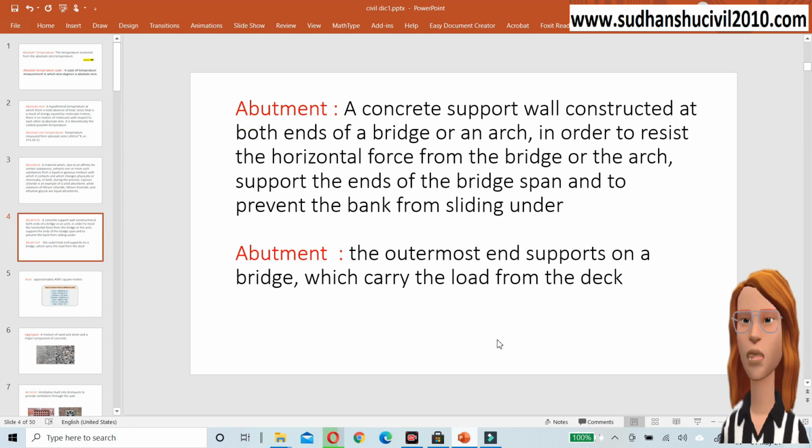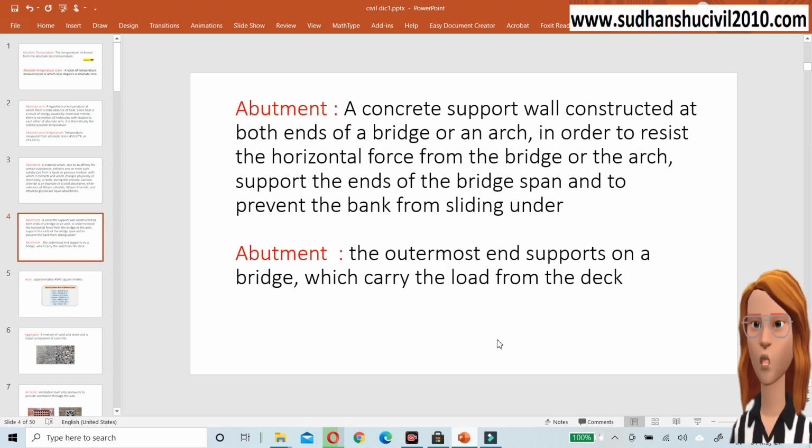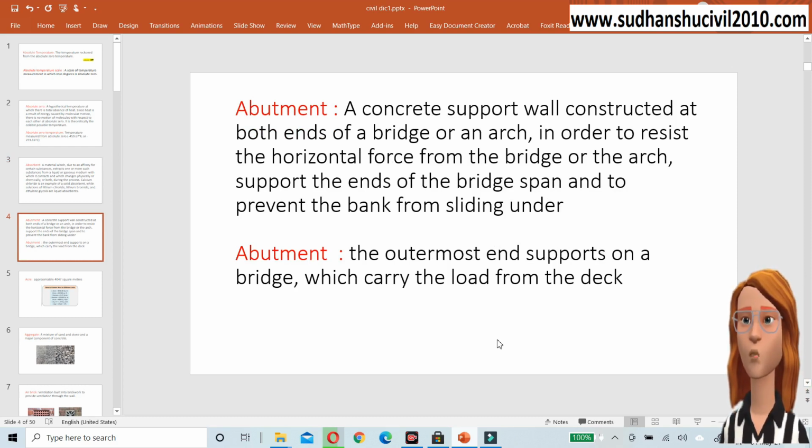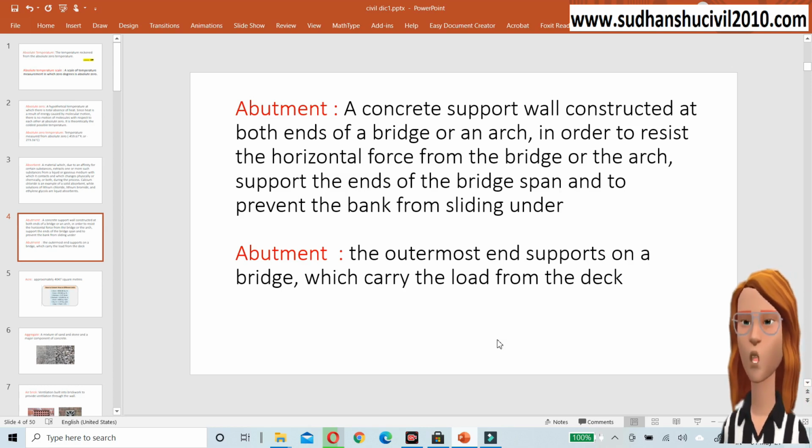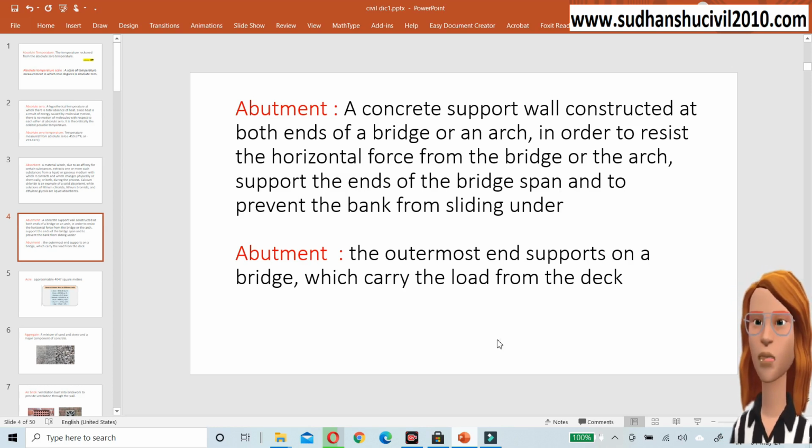Abutment. A concrete support wall constructed at both ends of a bridge or an arch, in order to resist the horizontal force from the bridge or the arch, support the ends of the bridge span and to prevent the bank from sliding under. Abutment. The outermost end supports on a bridge, which carry the load from the deck. Acre.